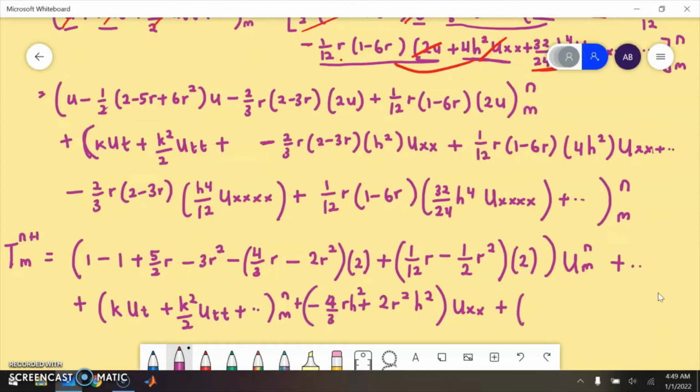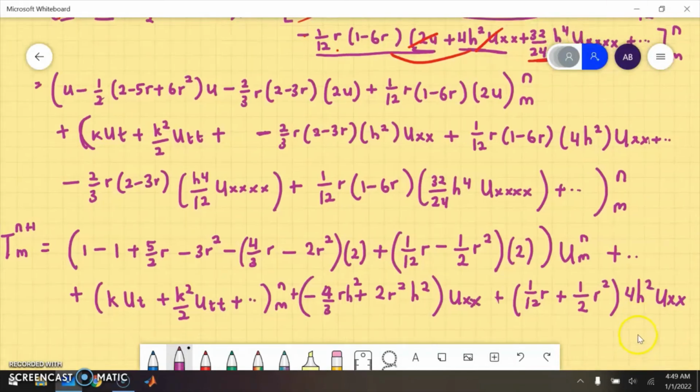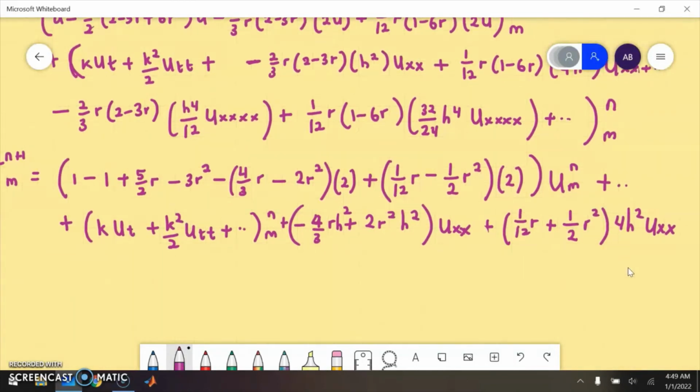Obviously we have m, n. And then we have this one, 1/(12r) plus 1/(2r²) 4h² u_xx. Or maybe I'll just take out the m, n term for now. Oh gosh, it's so difficult to write this, but please do not make a mistake. So I'm going to take out this whatever m, n and put it towards the end.